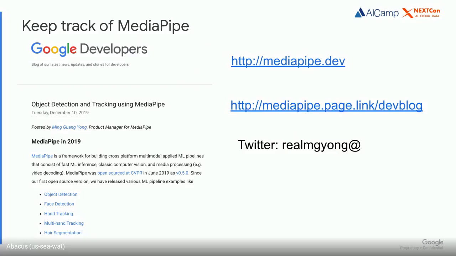So what is it? I think the distinction is that MediaPipe aims to integrate multiple trained models, integrate those with other image processing components, and do that in a repeatable, cross-platform way.